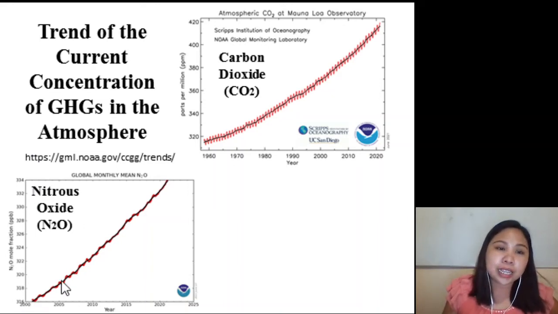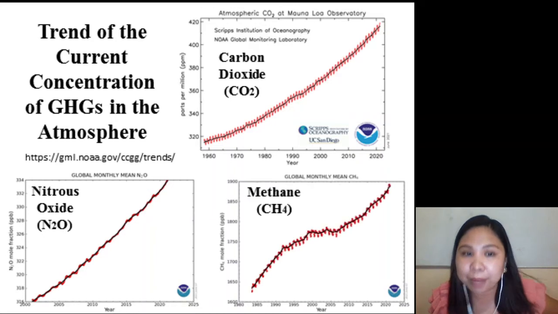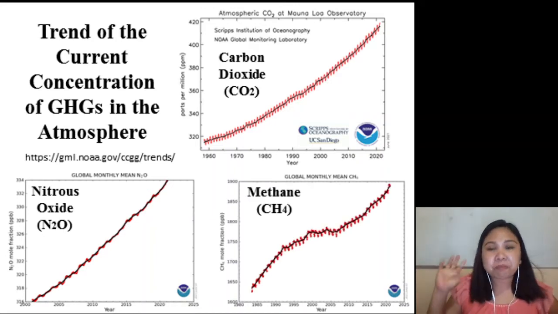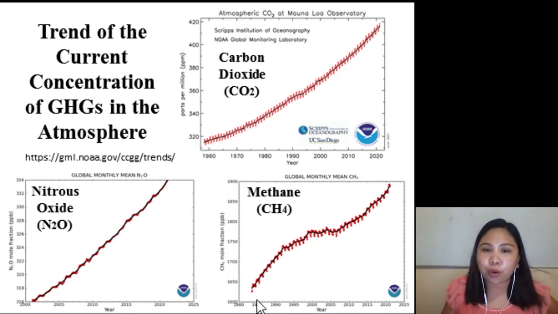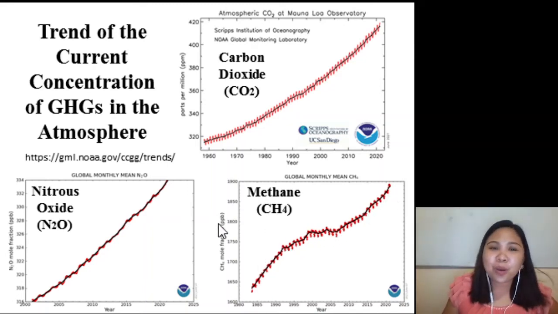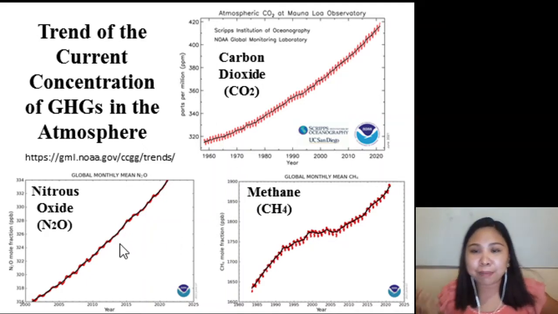So, kung titingnan natin yung trend, the same siya sa carbon dioxide, pataas ng pataas. Another greenhouse gas that we have here is the methane, CH4. Eto din po, same yung trend. So, ano ang common dito sa tatlong ito? Yung trend nila ay pataas ng pataas.